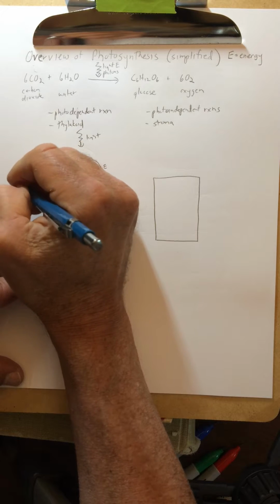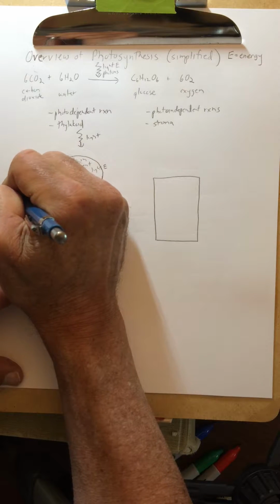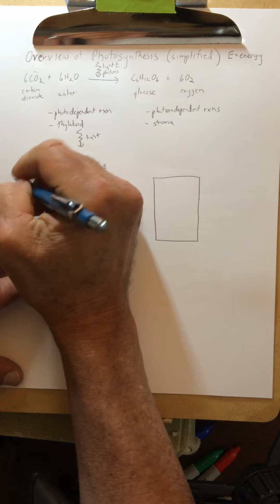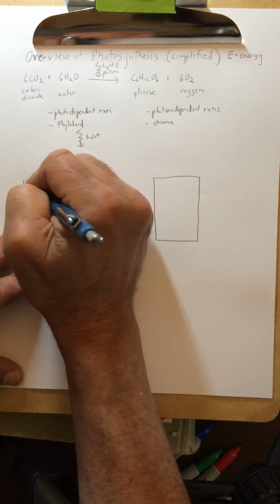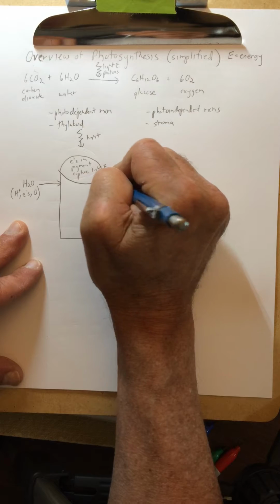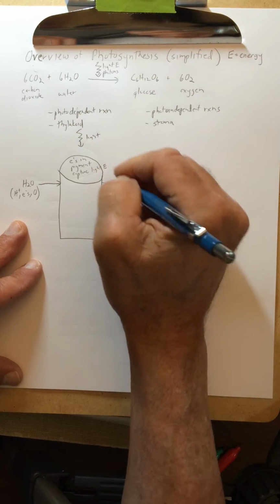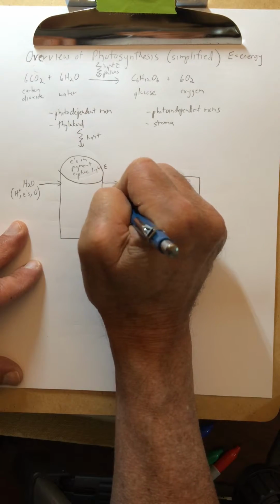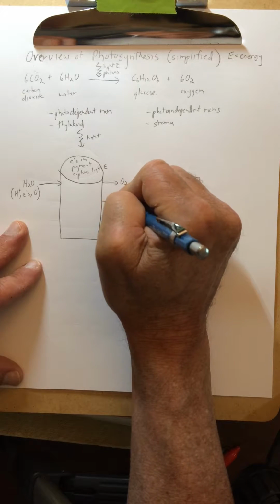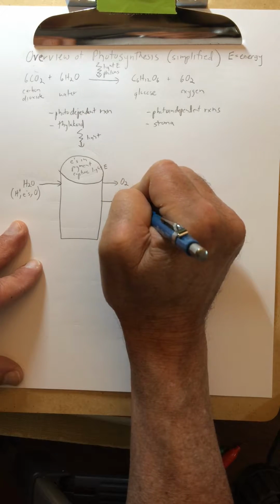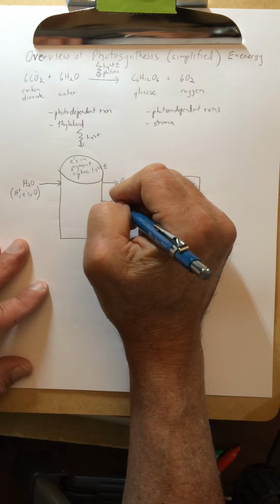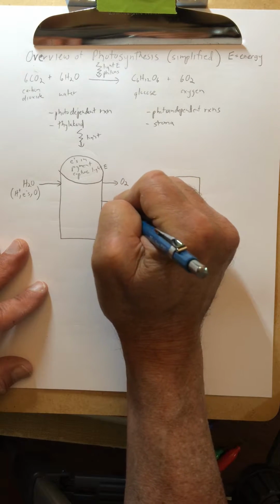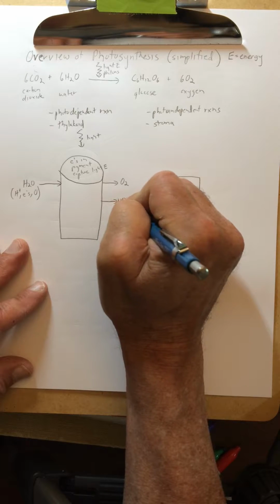So water is composed of hydrogen ions or protons, electrons, and oxygen. When water is split, it gives off oxygen gas, and then the protons and electrons are captured in an electron carrier called NADPH2. So this is where the electrons and the protons are located now.